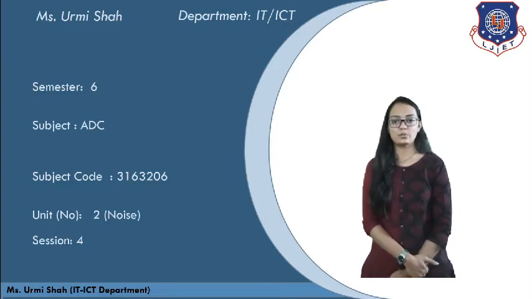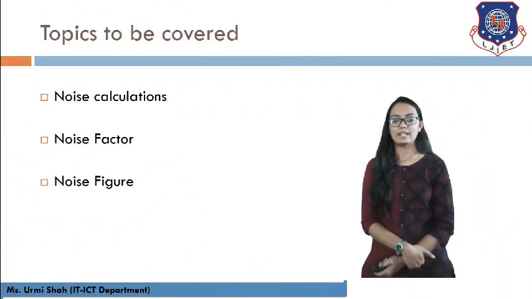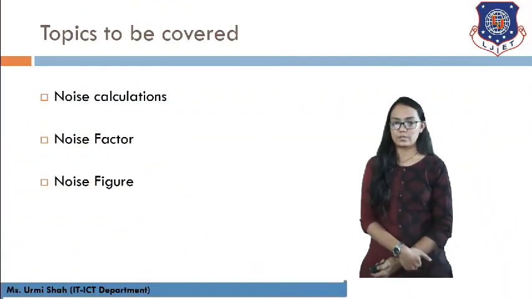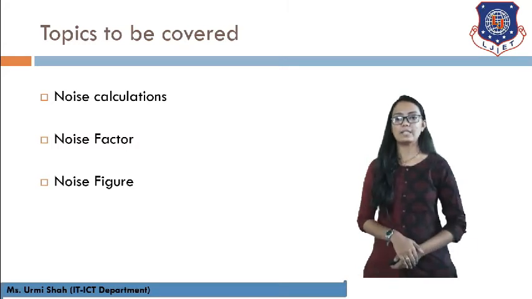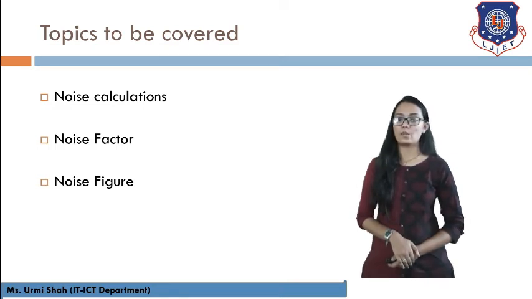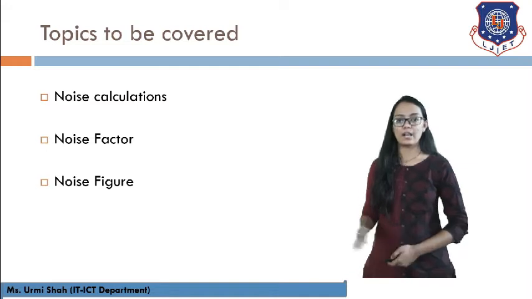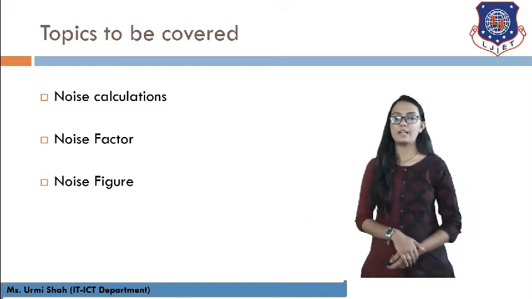So in this module, we will be seeing the noise calculation, the formulation of noise, then the noise factor, and then the next topic, that is noise figure. So these are the parameters that we will be seeing in this session.